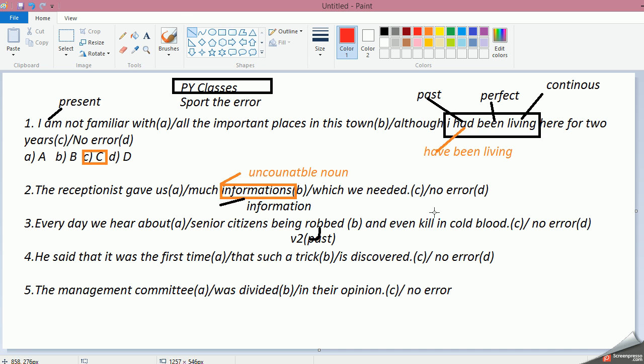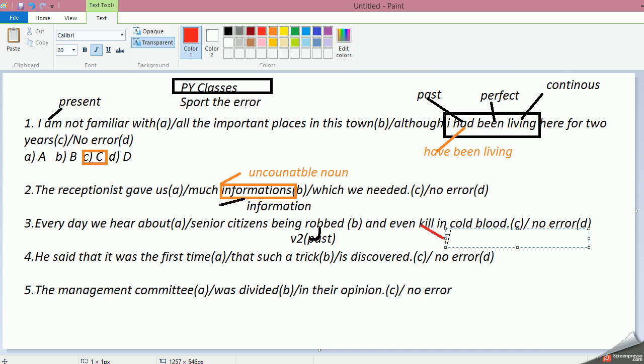The error here is kill, because here robbed is v2, that is past, and kill is v1, that is present, that is used for present.